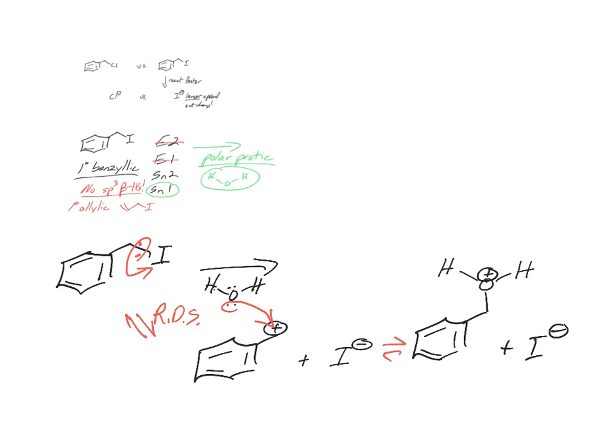I'll use the I minus in this case. The final product then is benzyl alcohol. We've also made HI. And that's our final product for this SN1 reaction.